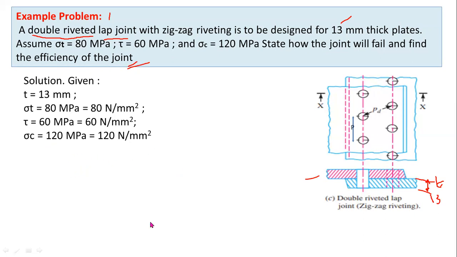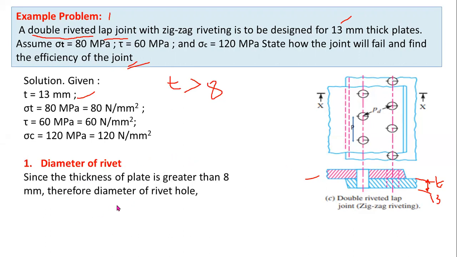Now, from the given data, first you have to identify that the given thickness is greater than 8 mm. So that means it is a thick plate. So the first step, we have to determine the suitable diameter of the rivet.